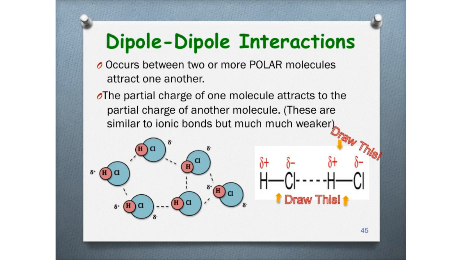Here's a closer look. This right here is a covalent bond, but because of these partial charges, there's going to be an attraction here, and this attraction is called the dipole-dipole. The reason this is not a hydrogen bond is because the hydrogen is connected to chlorine, not fluorine, not oxygen, and not nitrogen.